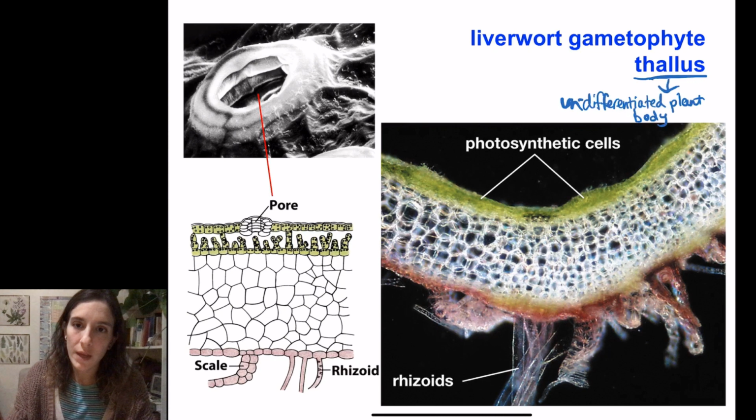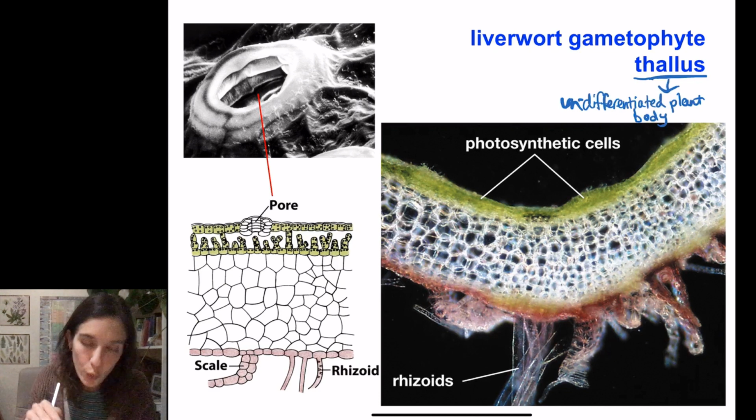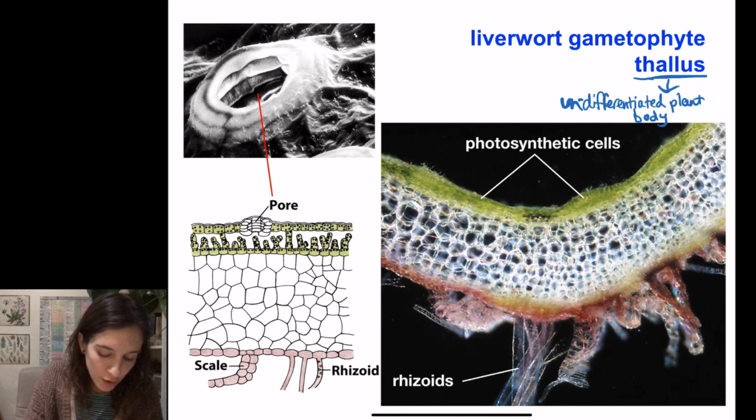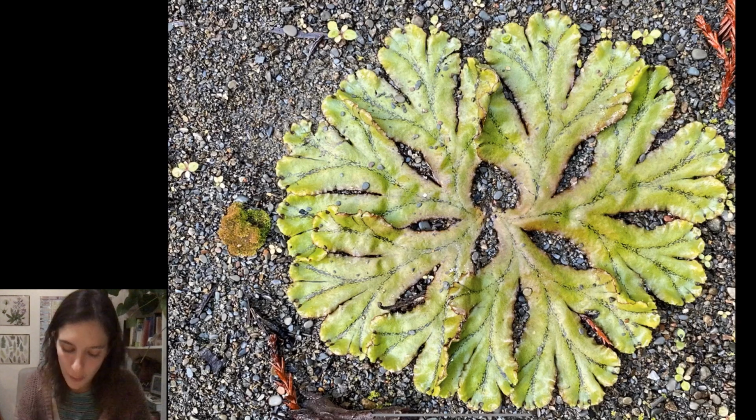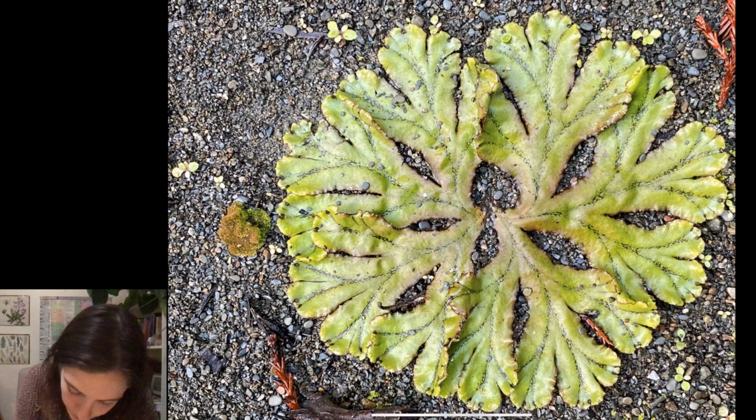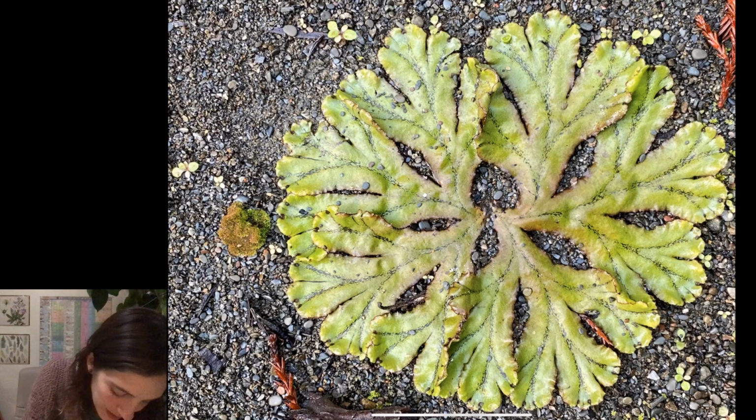Okay, so now something else we can see in this slide here is sort of a look through a liverwort thallus. So what I had to do to get to that point was I had to take a fine razor and take a piece of this thallus and say, like, I want to take this slice right here.